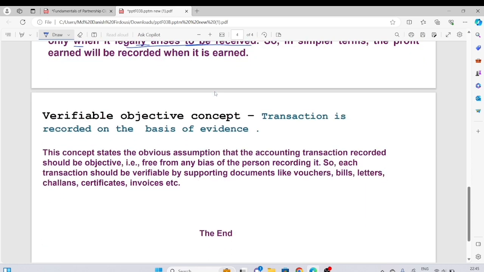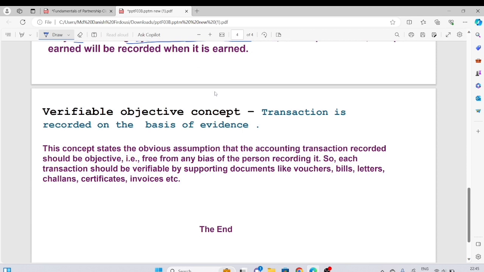Now see the last concept of these accounting principles, the verifiable objective concept. A transaction is recorded on the basis of evidence. As I discussed earlier, we cannot record a transaction without any evidence. And what will be the evidence? Evidence will be in the form of any voucher, any document, pay-in slip, like this.